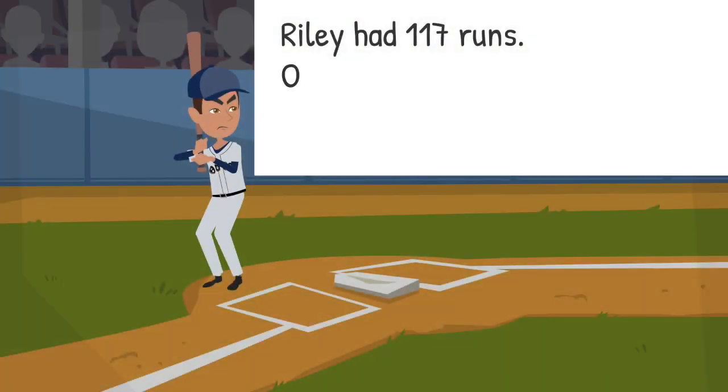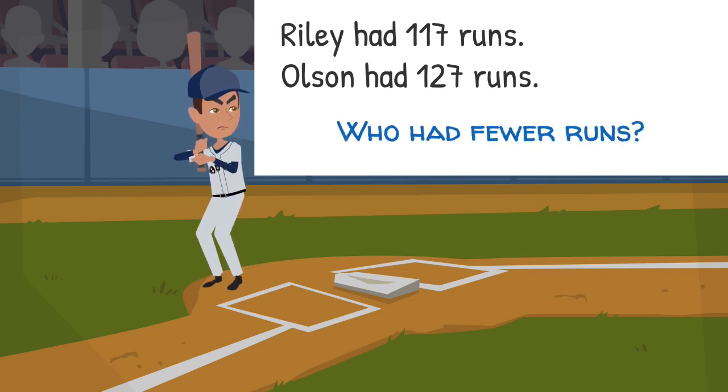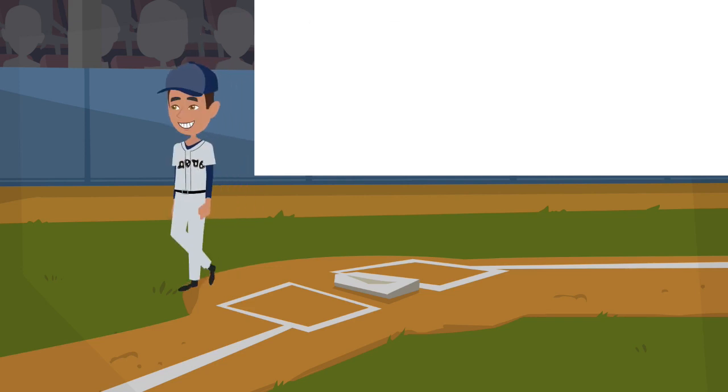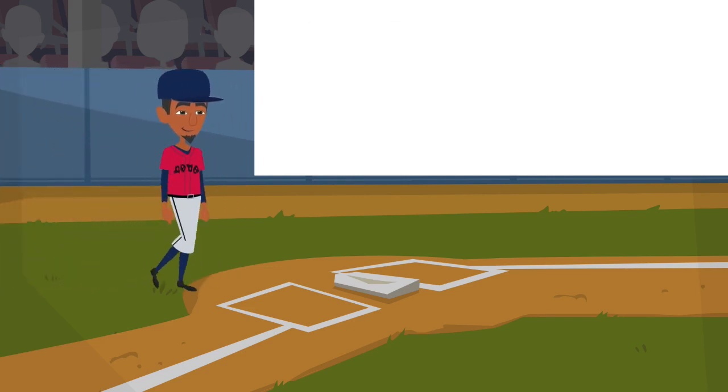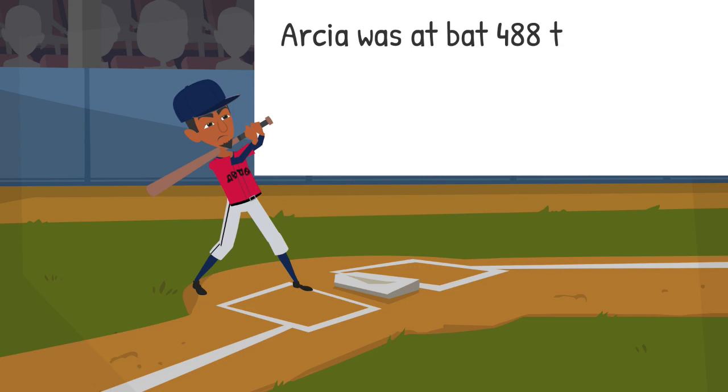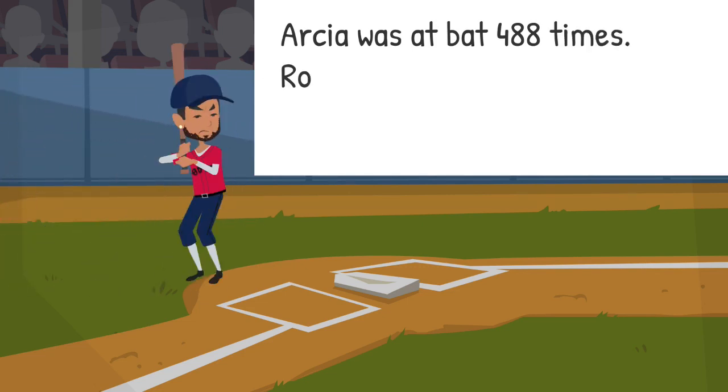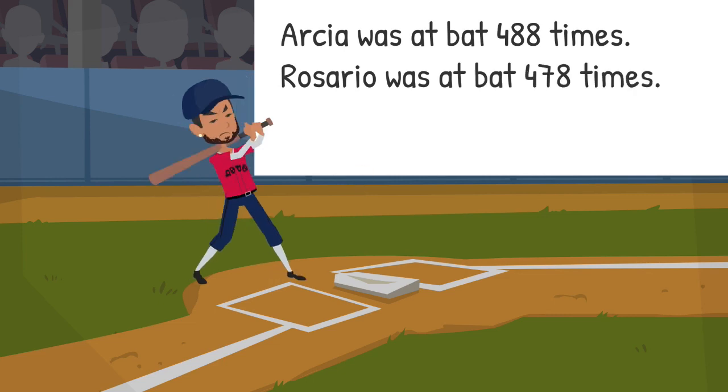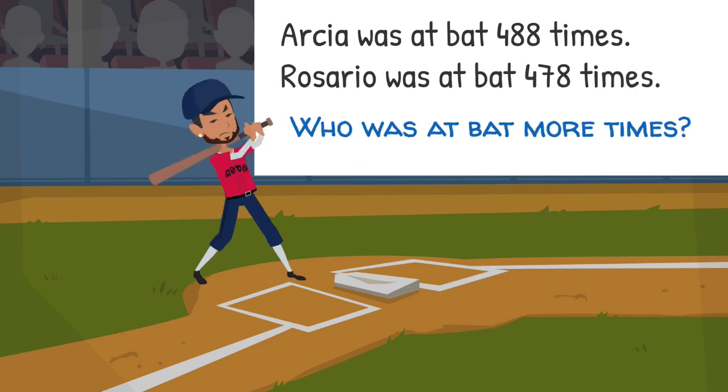His teammate, first baseman Olson, had 127 runs. Who had fewer runs? The Atlanta Braves shortstop Arcia was at bat 488 times during the 2023 regular season. Left fielder Rosario was at bat 478 times. Who was at bat more times?